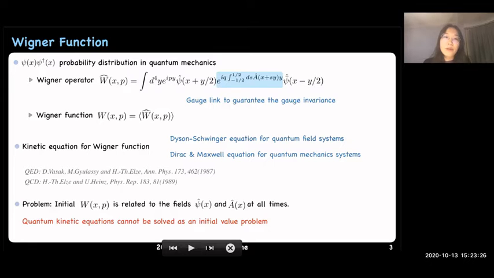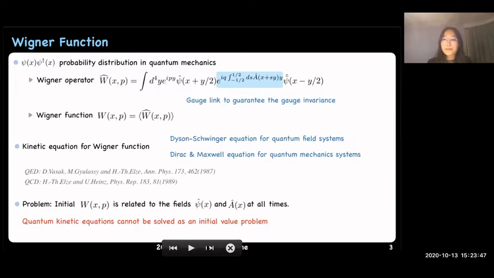So going from the classical distribution function to the Wigner operator, you first start from the density operator, which involves a field operator that has different coordinates.